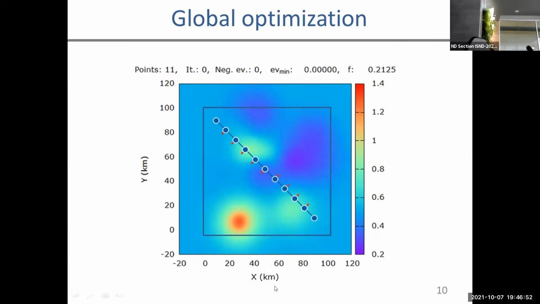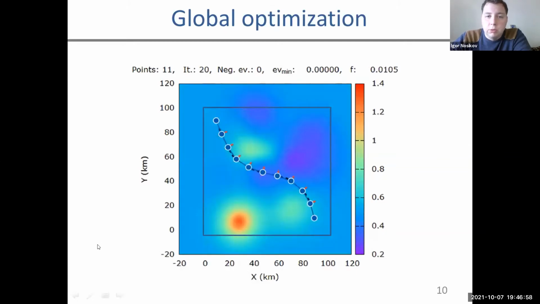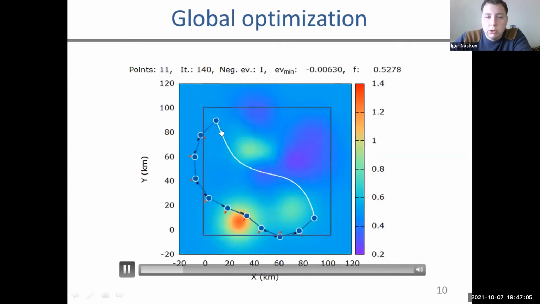At first, we start from the straight line and find the first minimum. This trajectory describes the first minimum of the functional, and then we start to find saddle points.